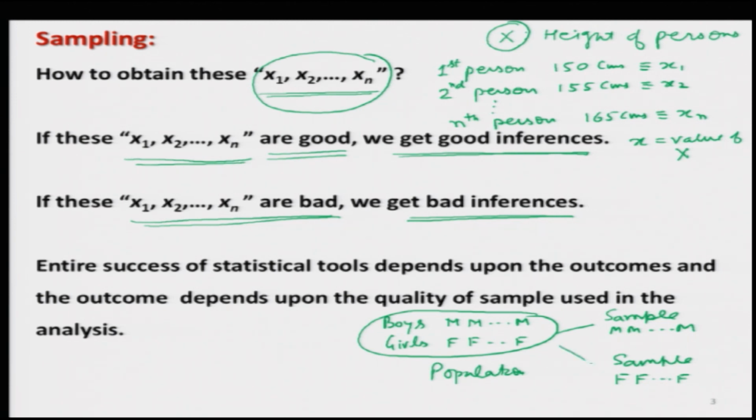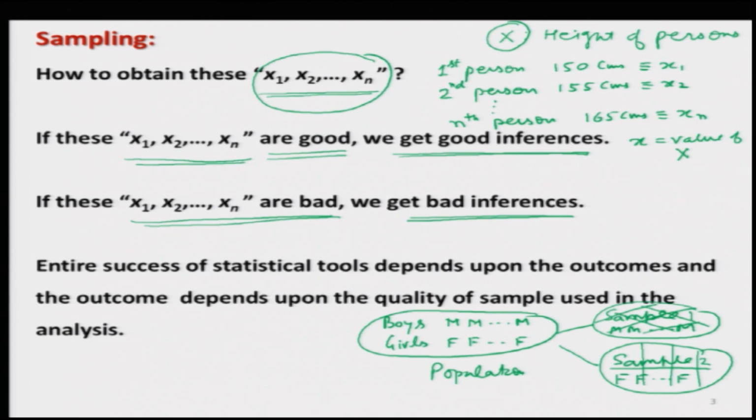So, is it a good sample? If you look at sample number 1, by looking at these sample values only, you will get an idea that there are only boys in the class, and no girls. If you look at the second sample, you will get an impression that there are only female students in the class, and no male students. This is what I mean by a good or bad sample.